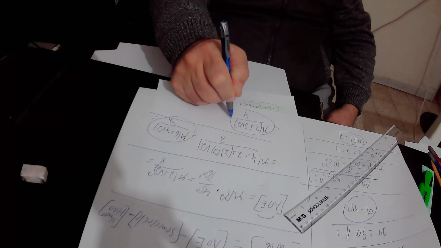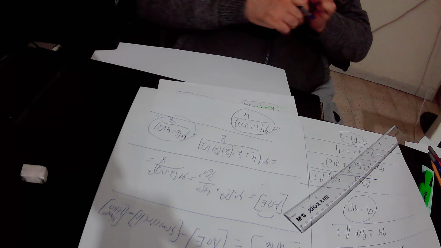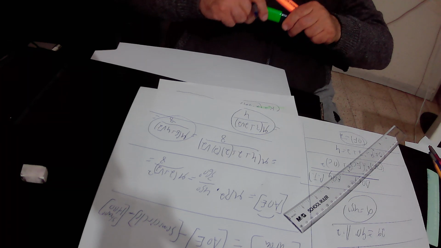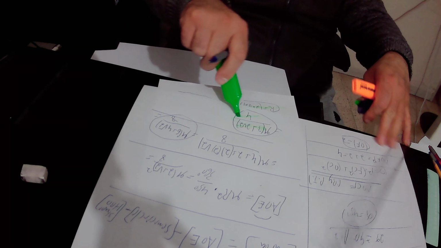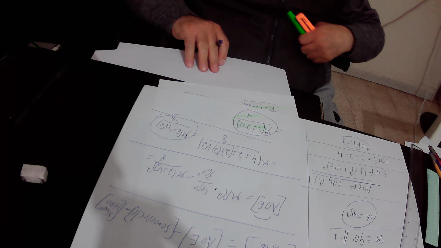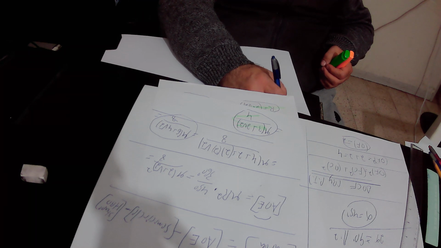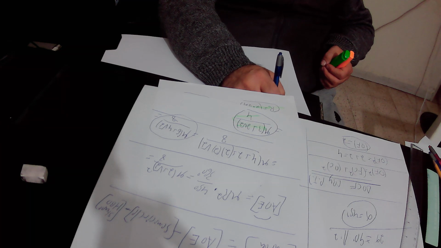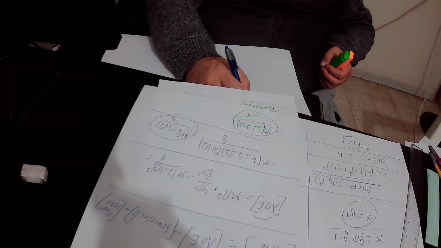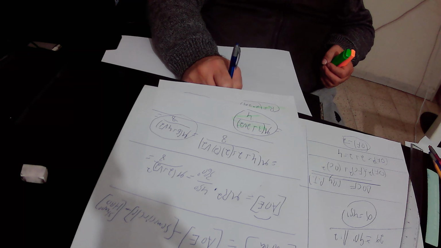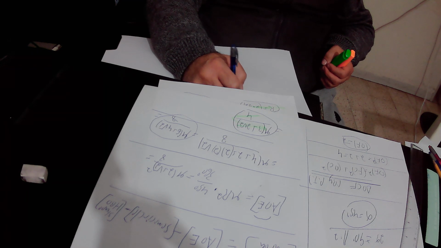So in conclusion, we found that the area of sector AOE is equal to pi times 3 plus 2 times the square root of 2 over 4.